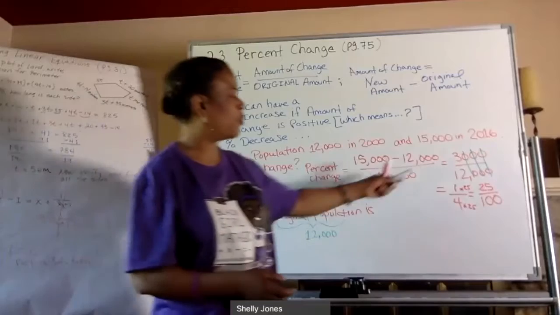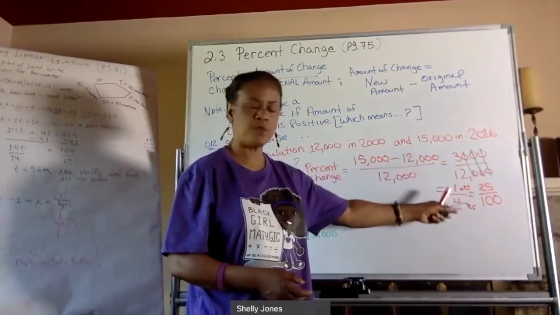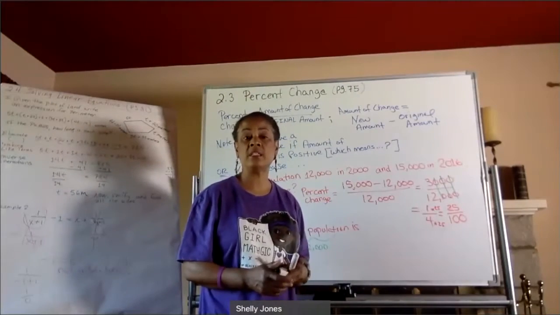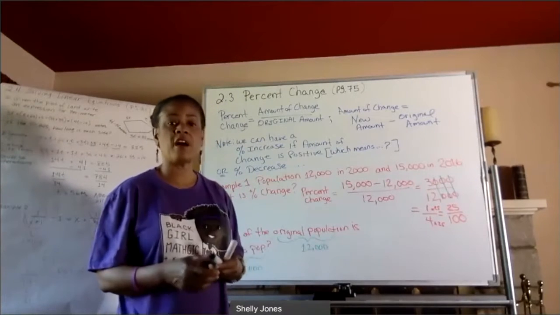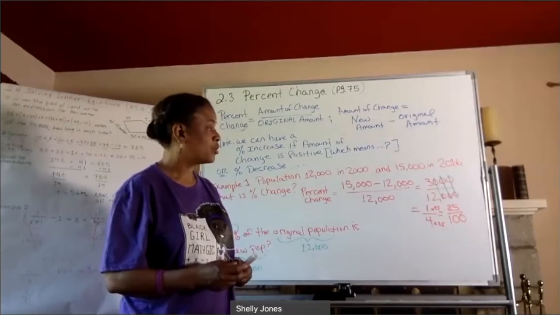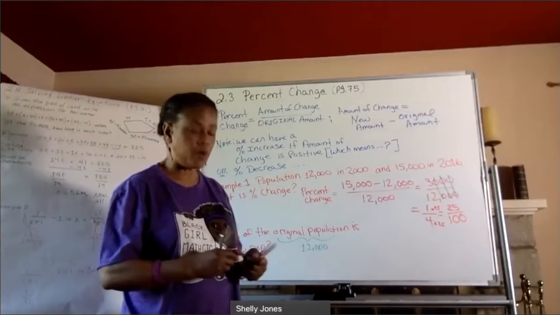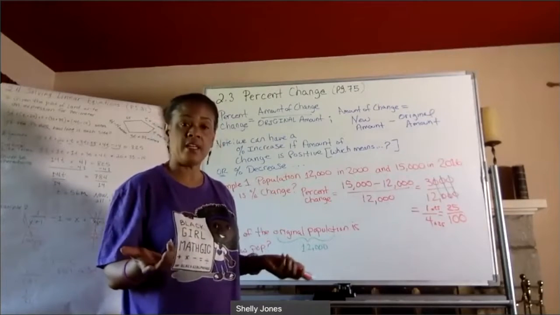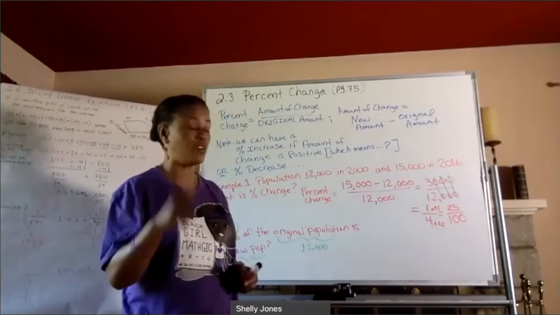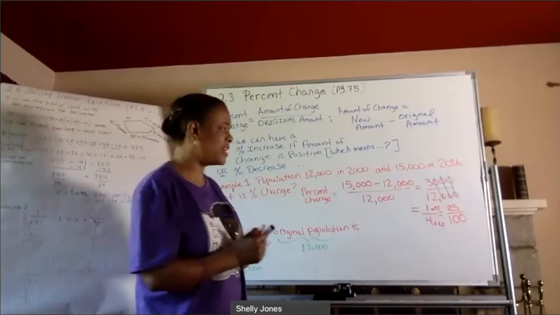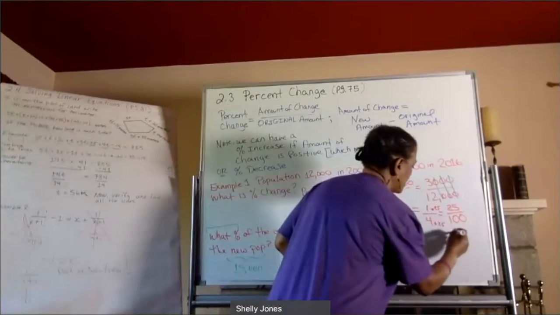So I multiplied 1/4 times 25 over 25. When I multiply by 1, I get an equivalent fraction of 25 100ths. If I want to write that as a percent, that's easy. Once I have my fraction over 100, then I know it's 25%. Okay?